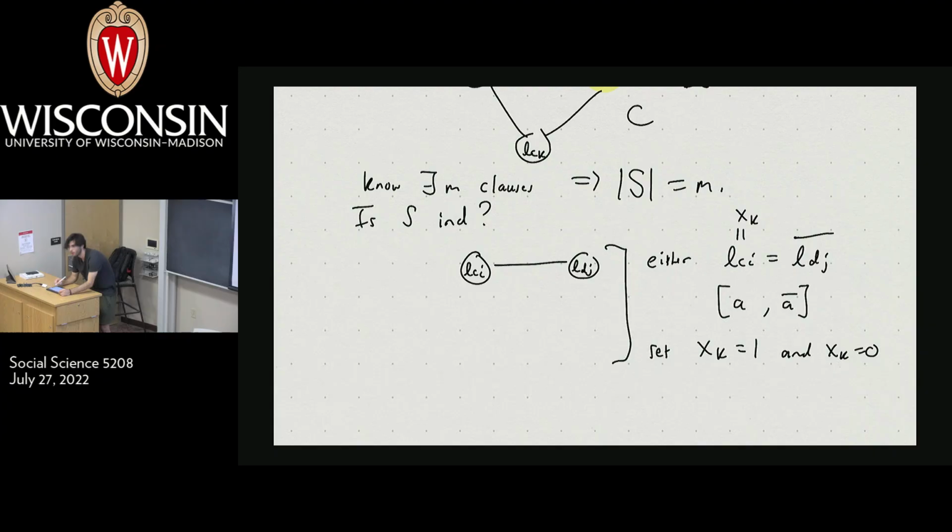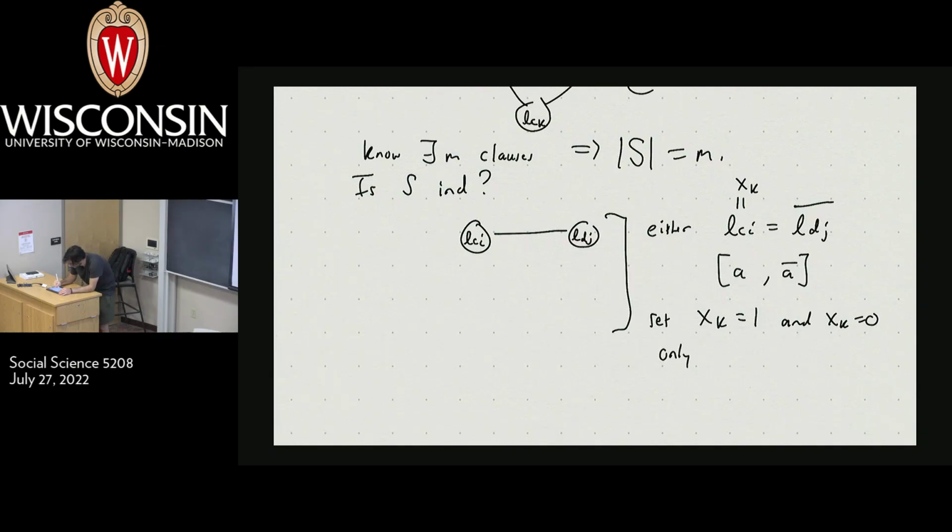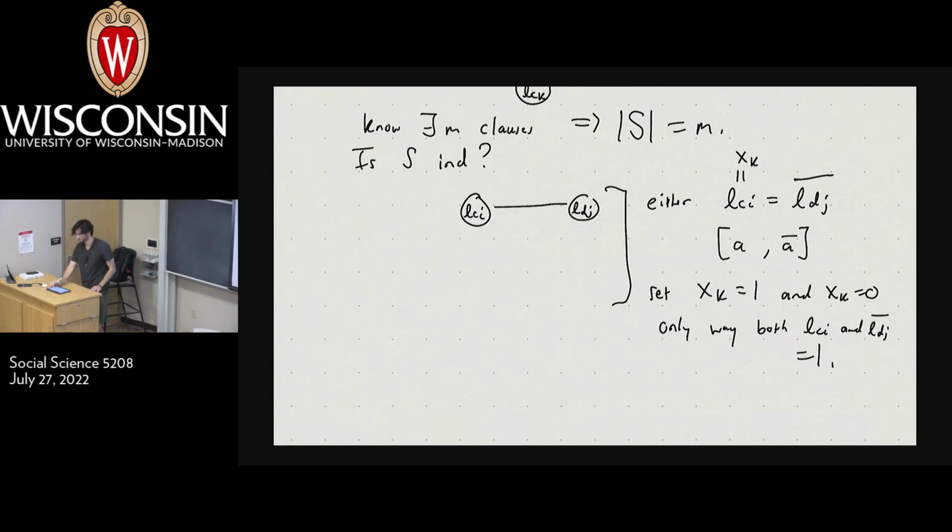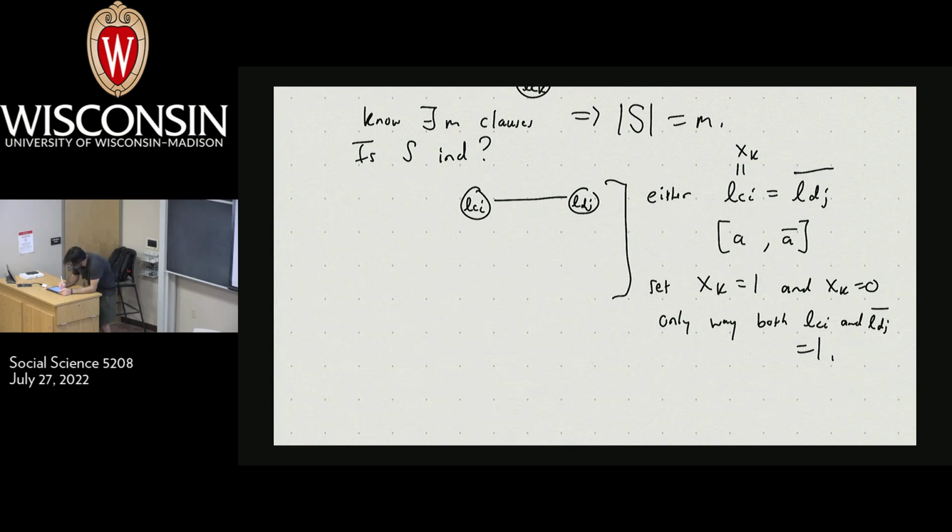That's the only way both L_C,i and L_D,j bar could equal 1. Right? If both A and A bar are both 1, that means A is 0 and 1 at the same time. But clearly this contradicts that x is an assignment.